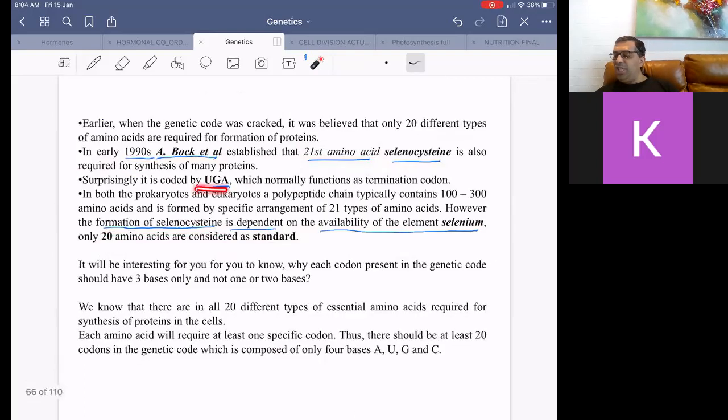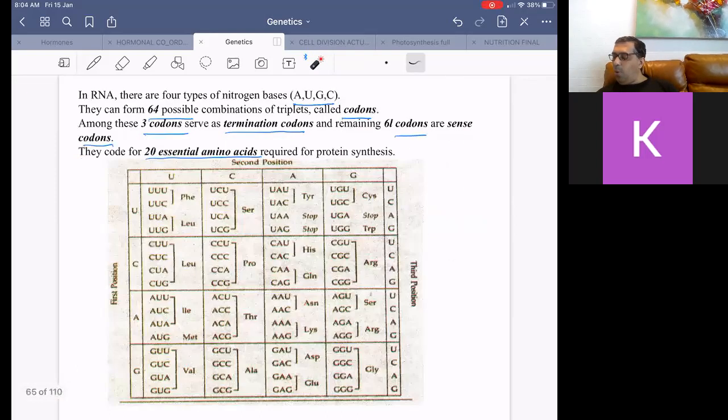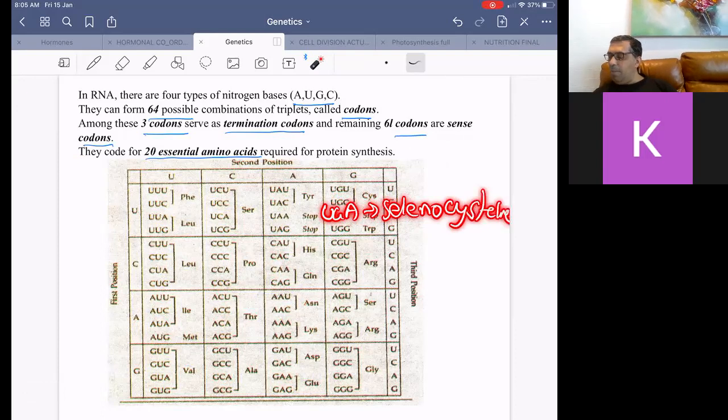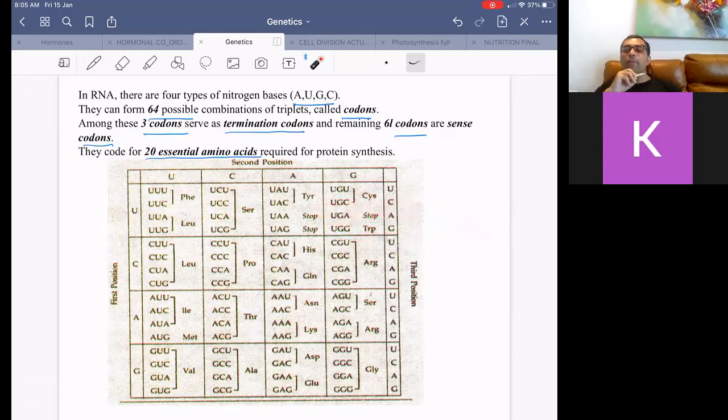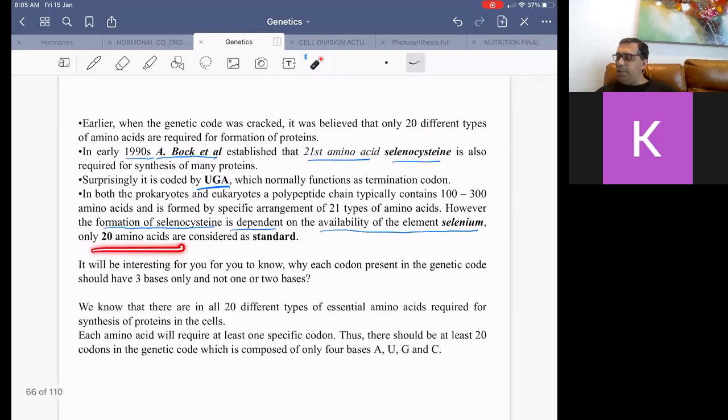So UGA, which is the stop codon, codes for selenocysteine, and that becomes the 21st amino acid. But ये सब एनिमल्स में नहीं होता है, कुछ एनिमल्स में ही होता है सेलिनोसिस्टीन. ये याद रखना. तो स्टैंडर्ड कितने अमीनो एसिड्स है?